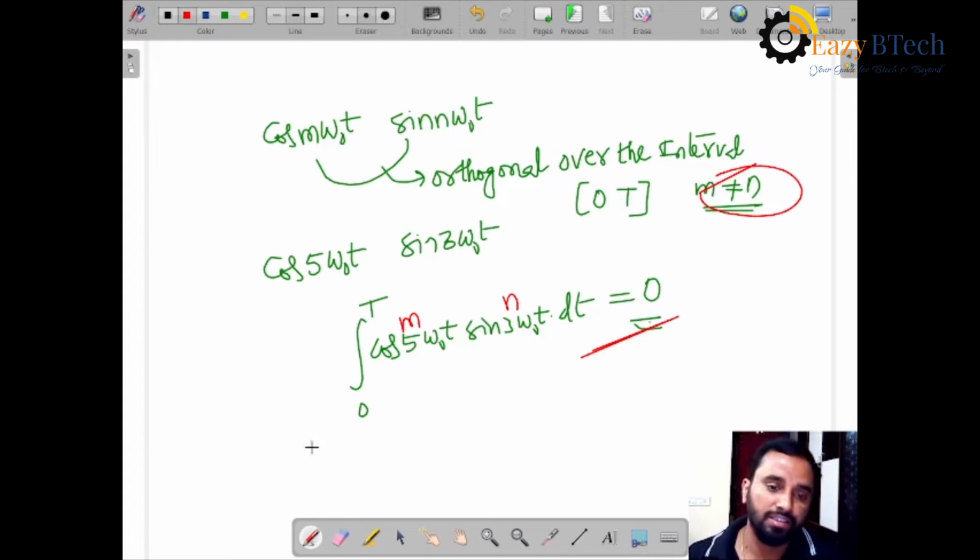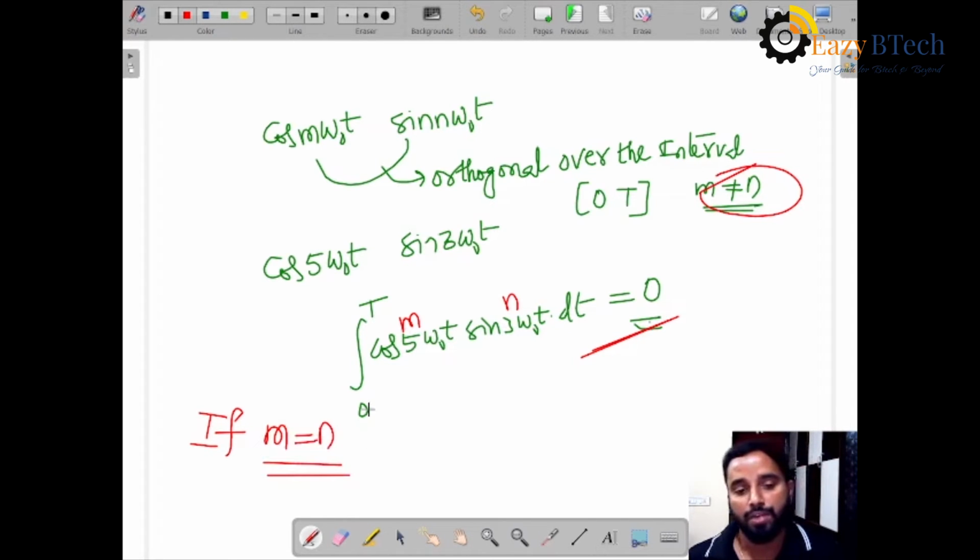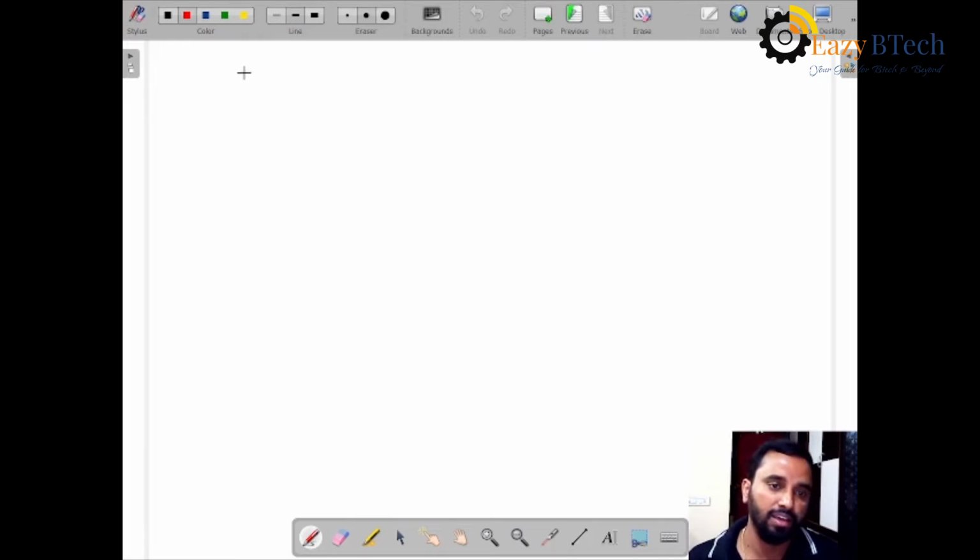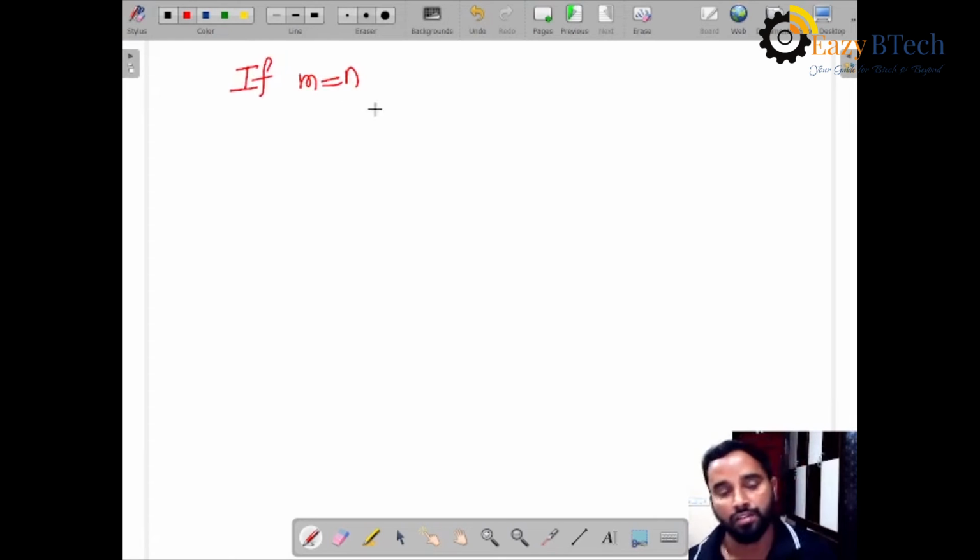Now the case is, if m is equal to n, what happens? If m is equal to n, what happens to this integral? That is what we are talking about now. So next take the case if m is equal to n, both are equal.